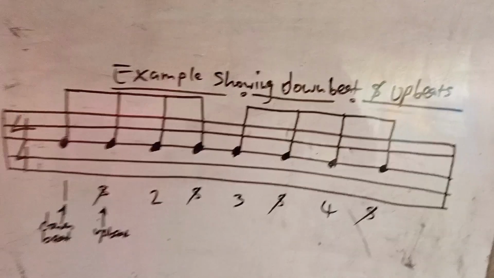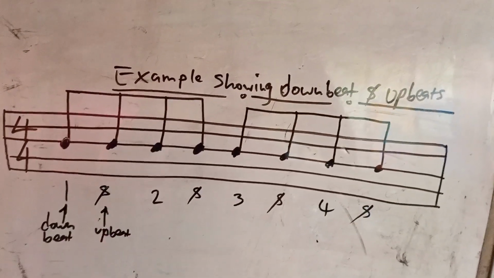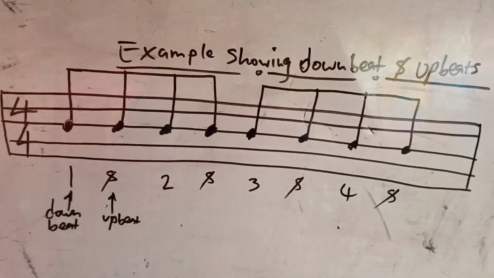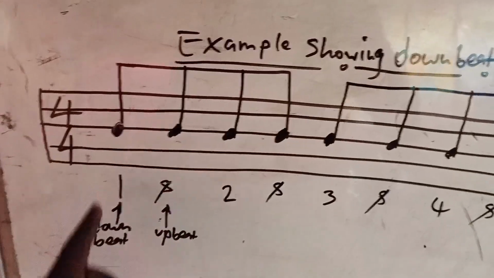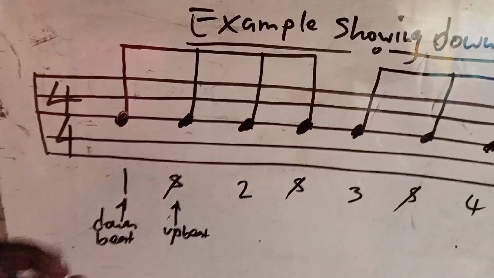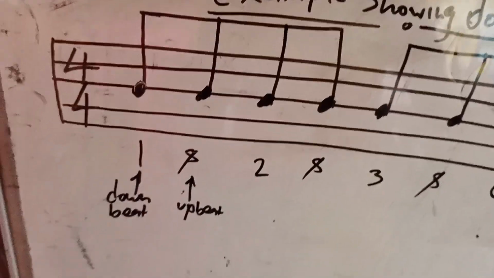So you can see I'm using eighth notes. The first note of the eighth notes is on the downbeat. This is how we count. We count it as 1 and. Where I say 1, that's where the downbeat is. Then "and" is where the upbeat is.